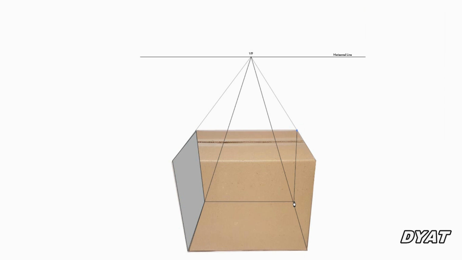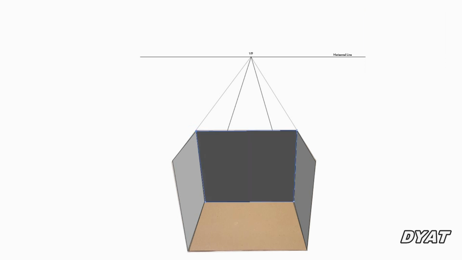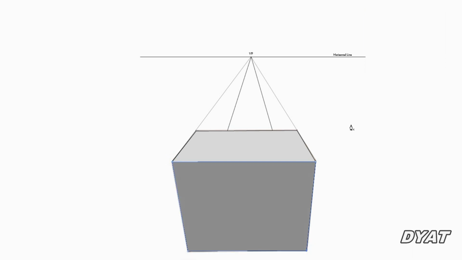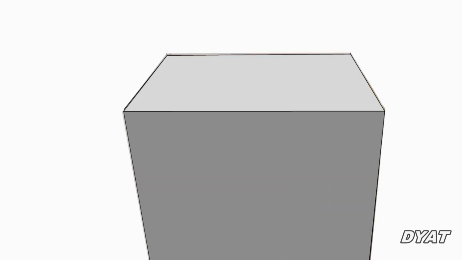Left side, right side, back side. Floor or ground, the top, and the front. So this is the box, the construction of the box, the construction of the drawing. So I hope you understood.